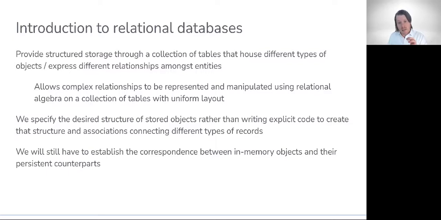So in our applications, we're still going to have to establish the correspondence between the in-memory objects and their persistent counterparts. But the actual setting up of that persistent storage, we're not going to have to write code to do that. And in fact, we'll be able to leverage library code and different adapters to make the hookup from our application to that relational database and allow us to interact with it using this declarative language, SQL.